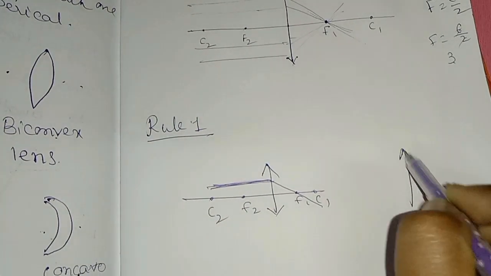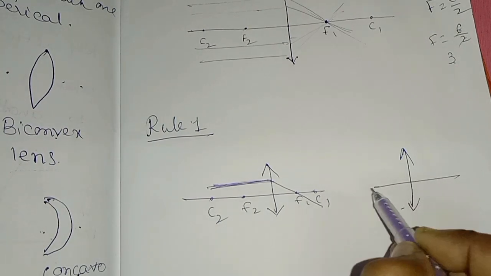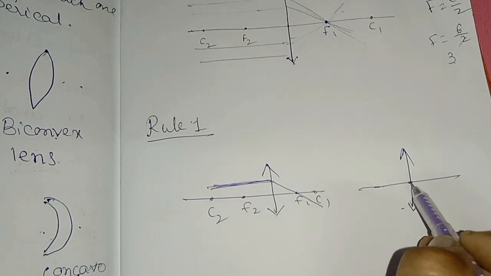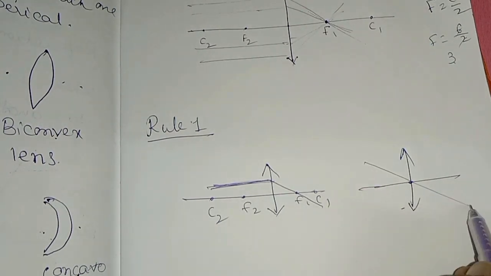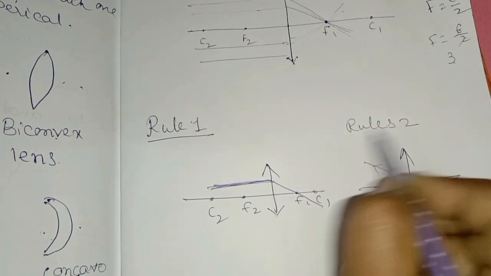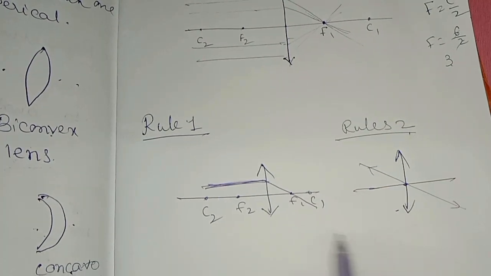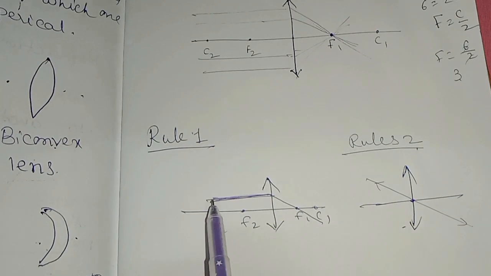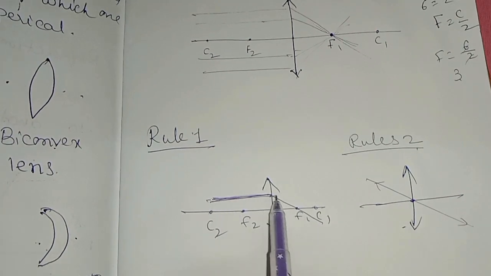Next, any light ray passing through the optic center will not deviate. This is our second rule we are following here. Mostly we use these two rules only. Any light ray passing parallel to the principal axis refracts through focus. Any light ray passing through optic center will not deviate.